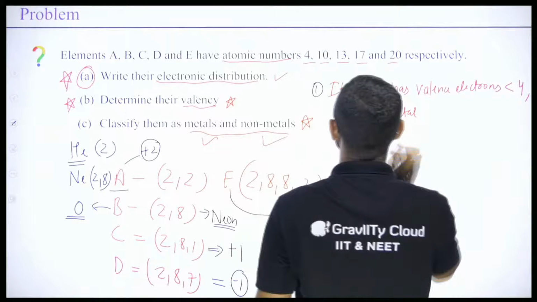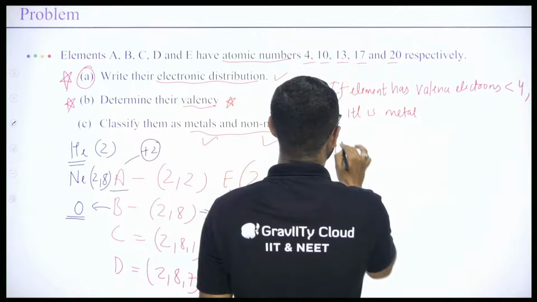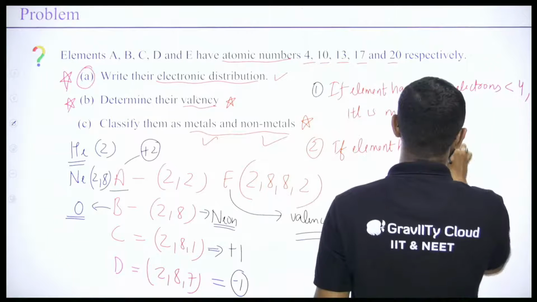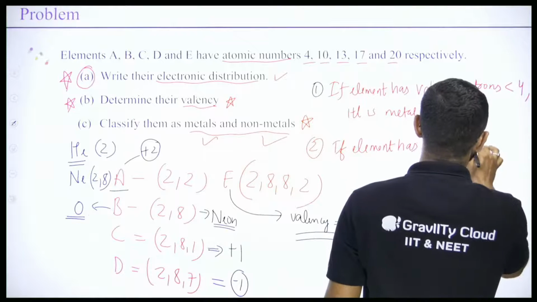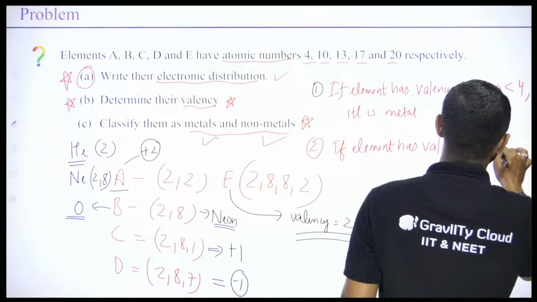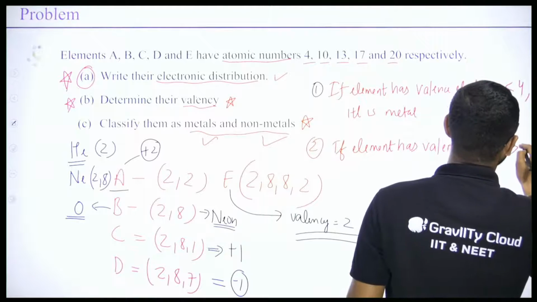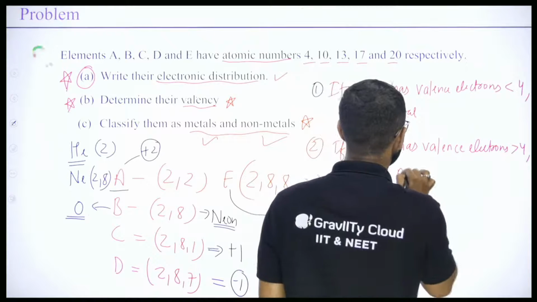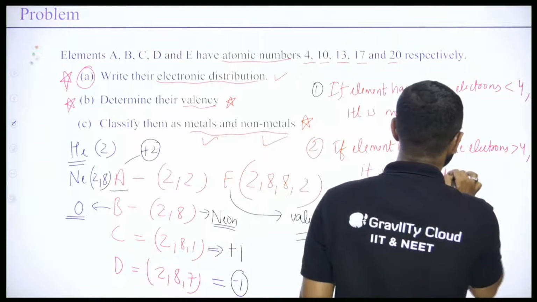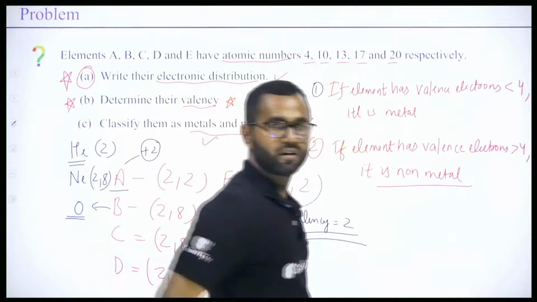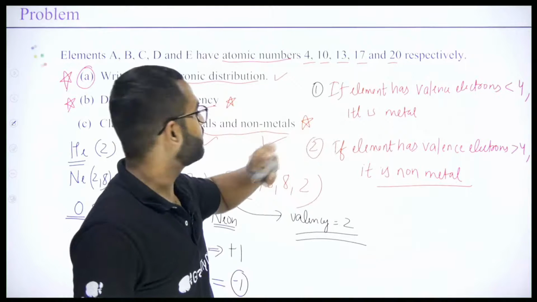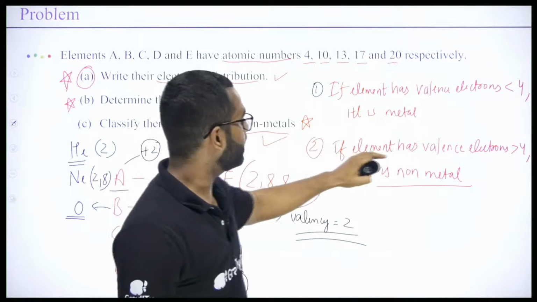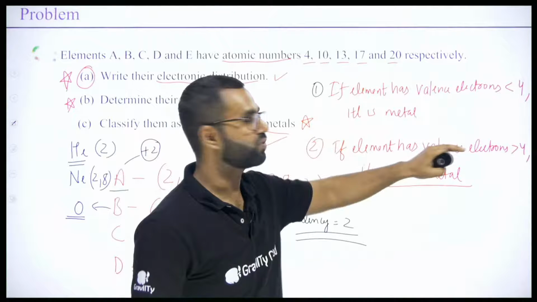Second, if element has valence electrons greater than 4, it is non-metal. Right? Remember this thing. Always remember this thing. If element has valence electrons less than 4, it is metal. If it has valence electrons greater than 4, it is non-metal.